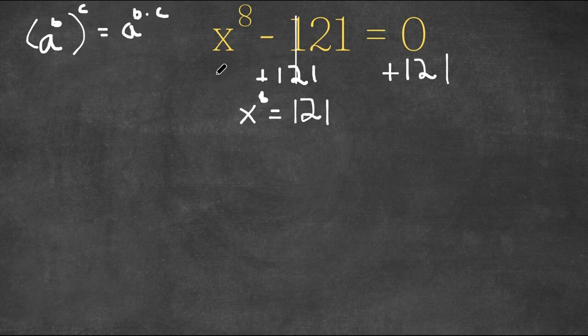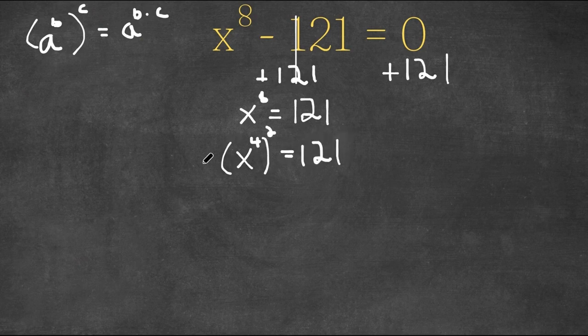So what we're going to do is change our x to the power of 8 here so that it is in this form, a to the power of b to the power of c. So we're actually going to change this to x to the power of 4 to the power of 2, because 4 times 2 is 8, and that's x to the power of 8. And this is equal to 121.